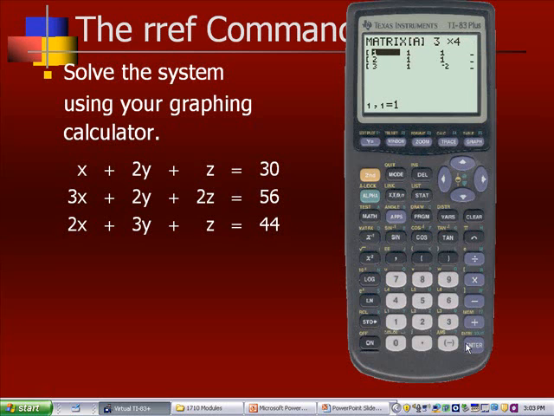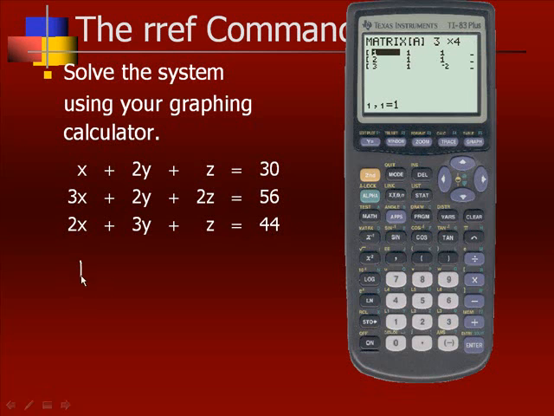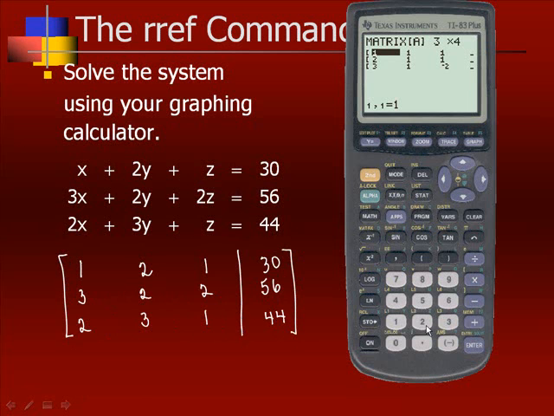Now we pull off the numbers in our matrix: 1, 2, 1, 30; 3, 2, 2, 56; 2, 3, 1, 44. Now we're going to enter these values straight into our calculator.